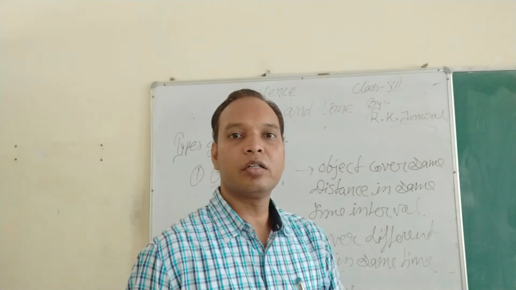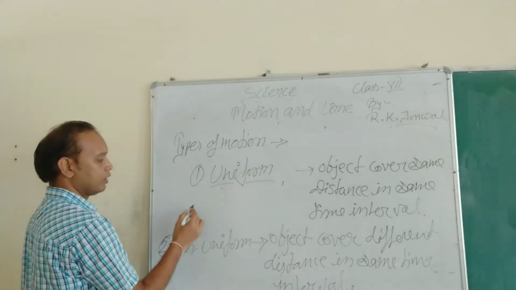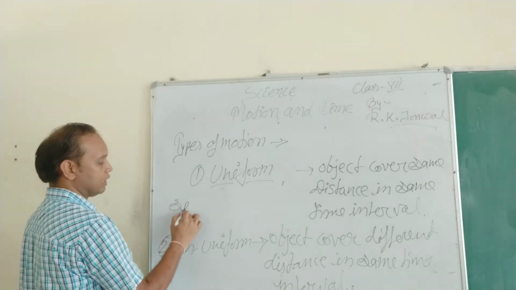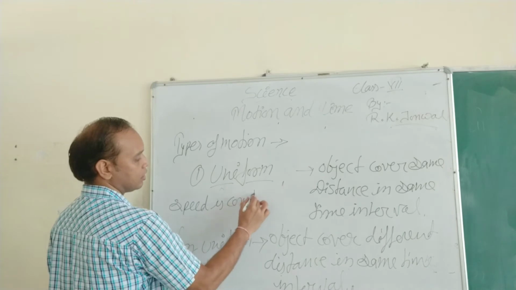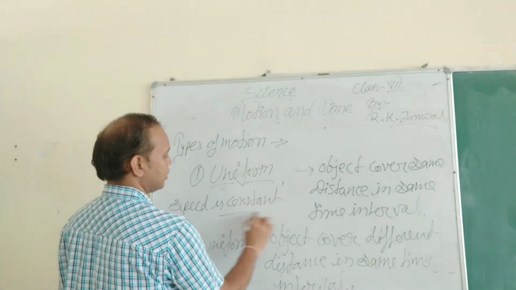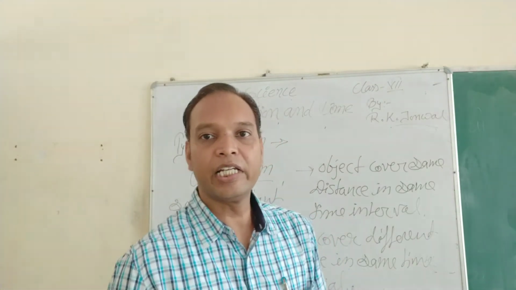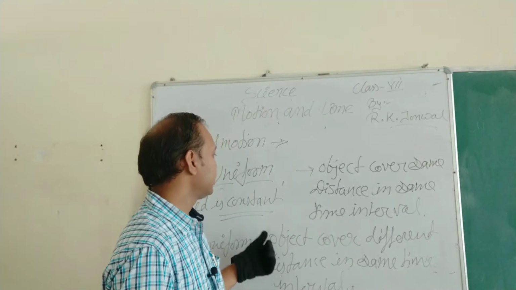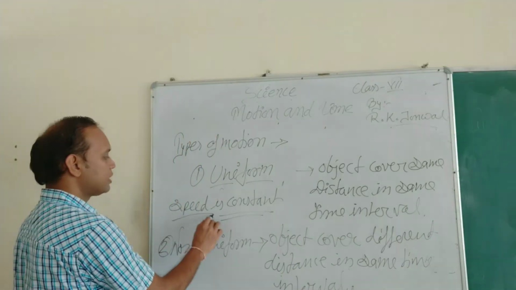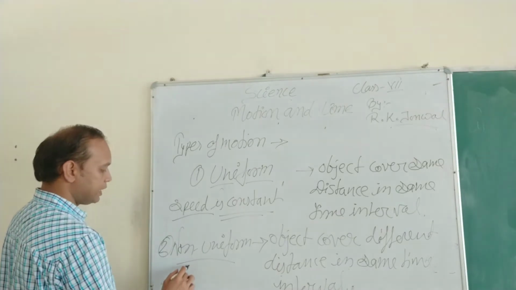So students, you can also say that in uniform motion, the speed of the object is constant. That means if the object is moving with a speed of 50 km/h, then in each time interval the speed will remain the same. But in non-uniform motion the speed is variable.